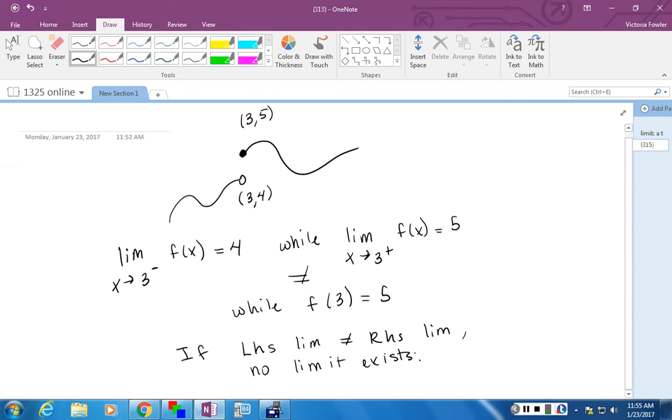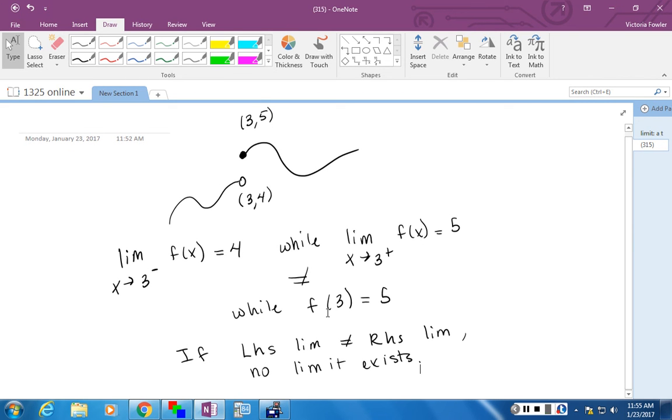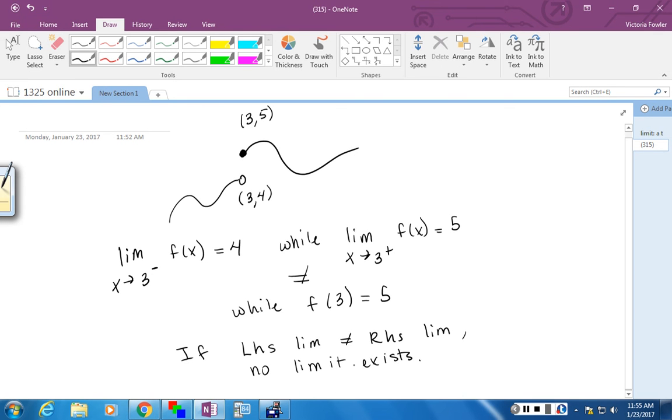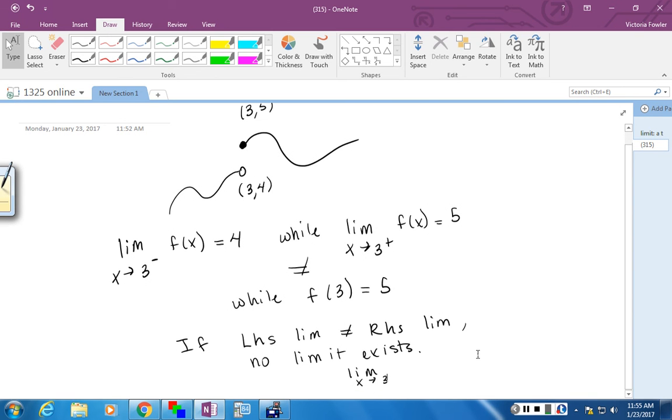And I've actually given you one where we really do have a function defined at the x value we're approaching, which is contrary to that last example that we saw. You would write for this example the limit as x approaches 3, assuming you know to check the left-hand side and the right-hand side, of this function does not exist. We write DNE, does not exist.